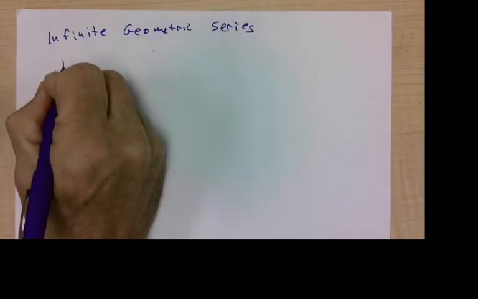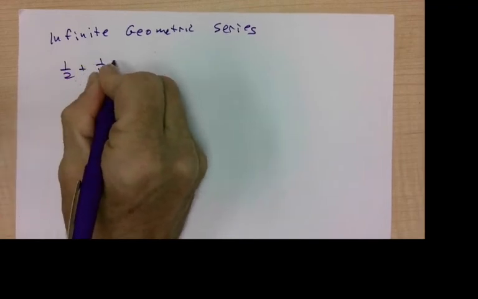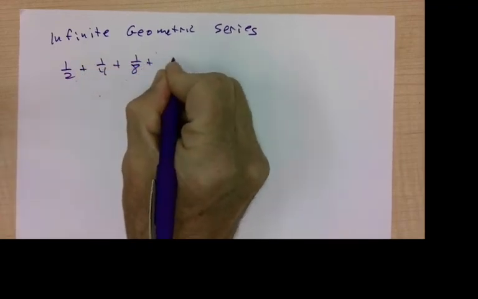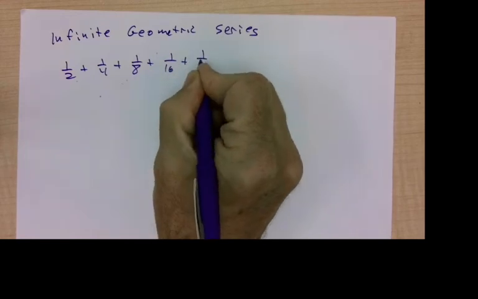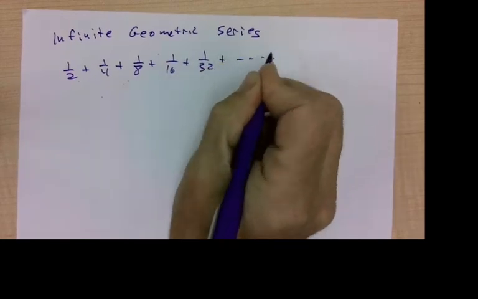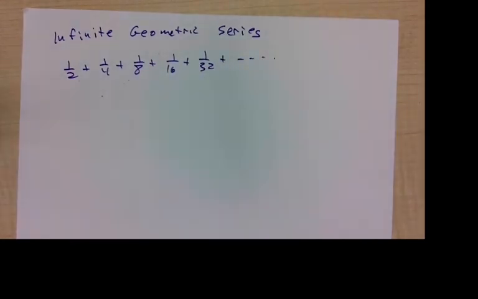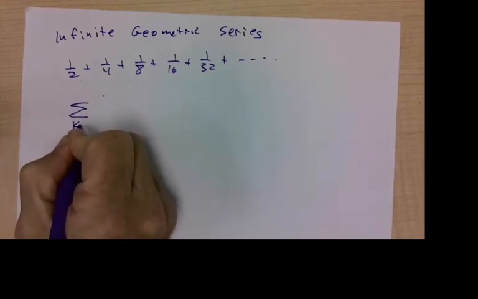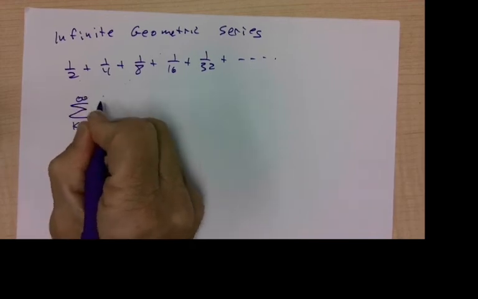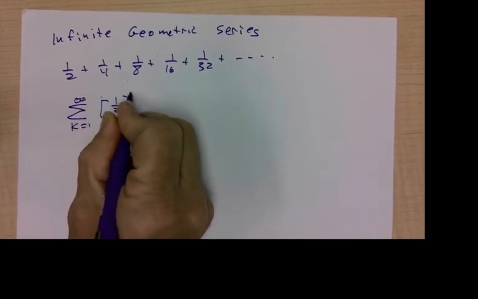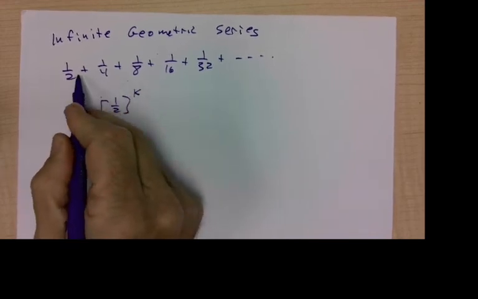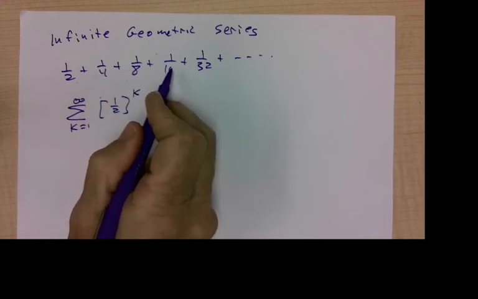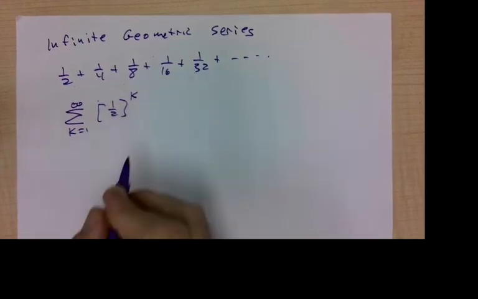So our favorite one like that would be 1/2 plus 1/4 plus 1/8 plus 1/16 plus 1/32 plus forever. We can think of it this way: the sum as k goes from 1 to infinity of 1/2 to the k this time. 1/2 to the first, 1/2 to the second, 1/2 to the third, 1/2 to the fourth, 1/2 to the fifth.